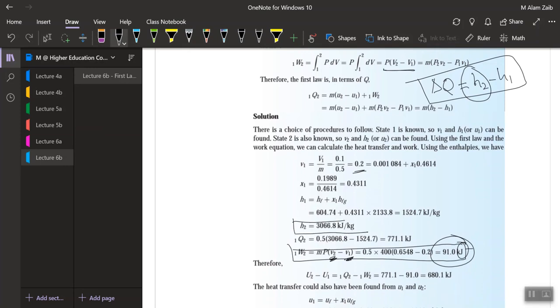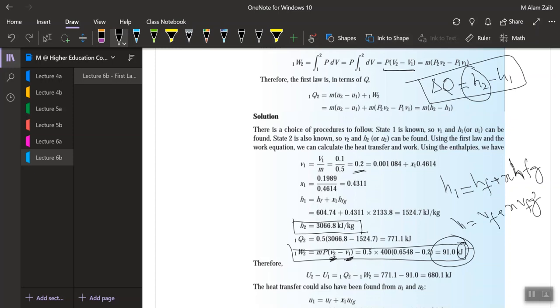Now, what about H1 itself? As it was inside the vapor dome, H1 is equal to HF plus X HFG. If you remember, V1 is equal to VF plus X VFG.